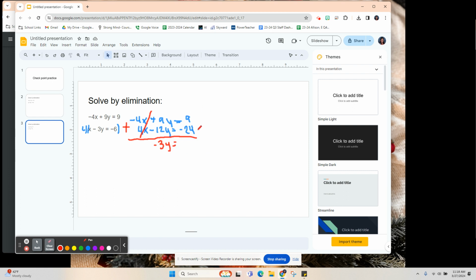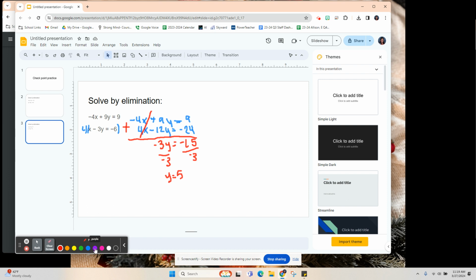And then 9 minus 24 is negative 15. I'm going to divide both sides by negative 3. And when I do that, those 3's are going to cancel and leave me with y equals 5.